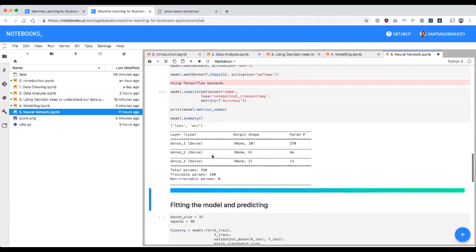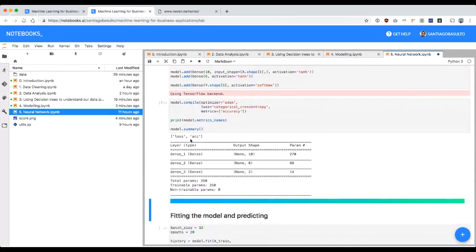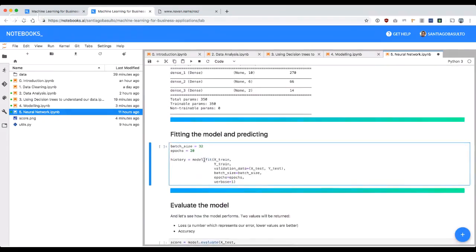And this is the model that I have just created. The model is there, waiting. It hasn't been trained yet. I have just compiled it and it's waiting. So now I'm going to train it. I'm going to train my model for a given number of epochs, 20, and with this given batch size, in this case 32.